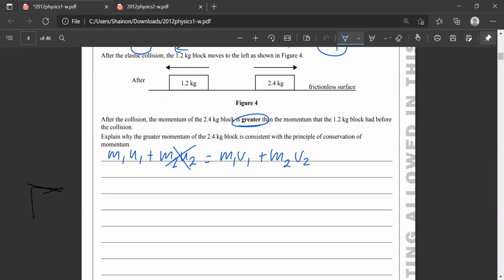Since that's 0, that just cancels out. It's 1.2. M1 is here, M2. U1 equals negative, plus 2.4.